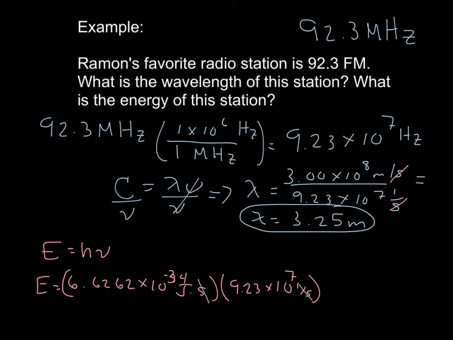So we write 1 over seconds instead of hertz. When you run this calculation on your calculator, you should get 6.12, we need 3 significant figures, times 10 to the negative 26 joules. This is an extremely small amount of energy, 6.12 times 10 to the negative 26 joules.